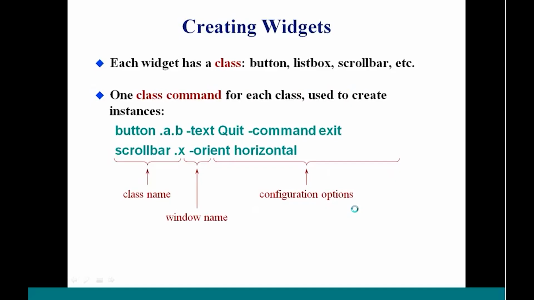Now how do we create widgets? Each widget has a class. It can be a button, a list box, a scroll bar, etc. And there is one class command for each class used to create the instance.